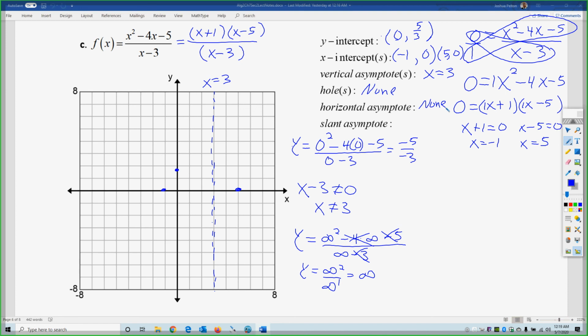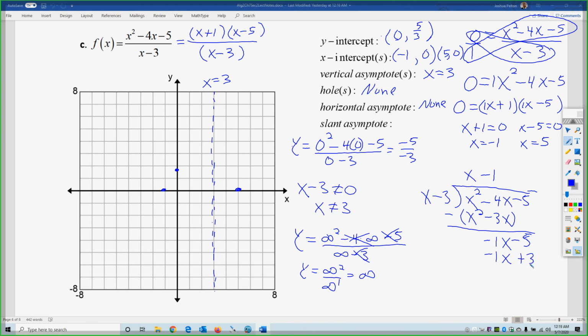So I have to do long division. So x minus 3 into x squared minus 4x minus 5. So first multiple is x. That gives me x squared minus 3x. So that gives me negative 1x minus 5 when I subtract. The next multiple is negative 1. So that's negative 1x plus 3.